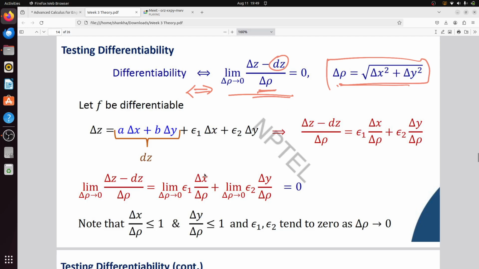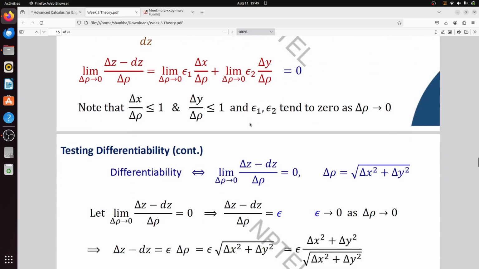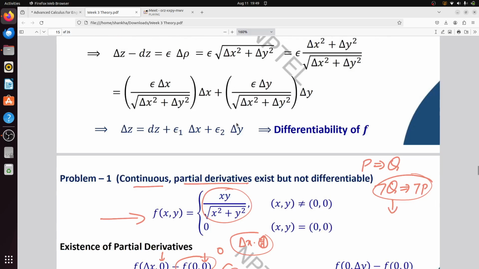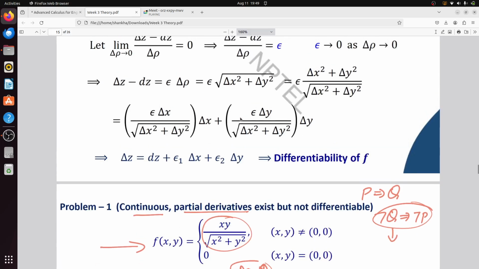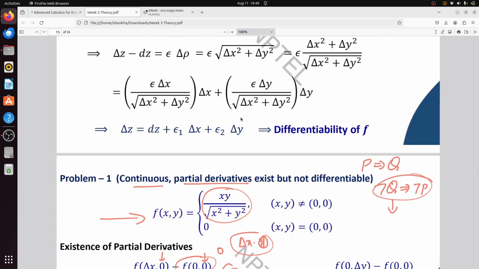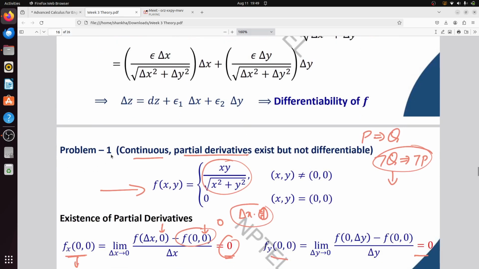I will not discuss the theoretical aspect. I think sir has already discussed these theoretical aspects, and I have also given the proof. So now I am giving you one counter example. This counter example is f(x, y) equal to xy divided by square root of x square plus y square.